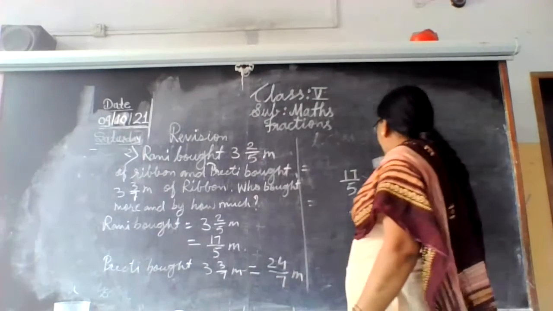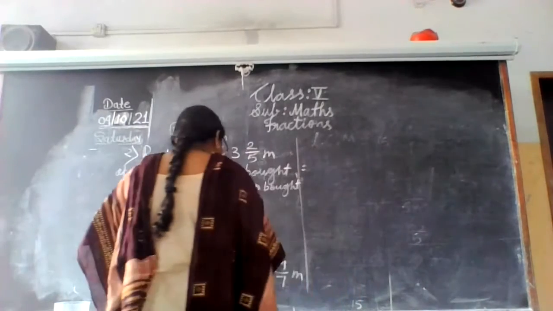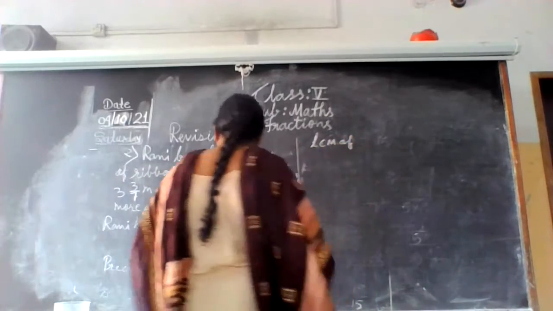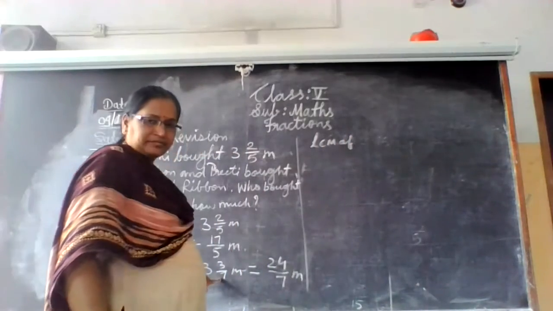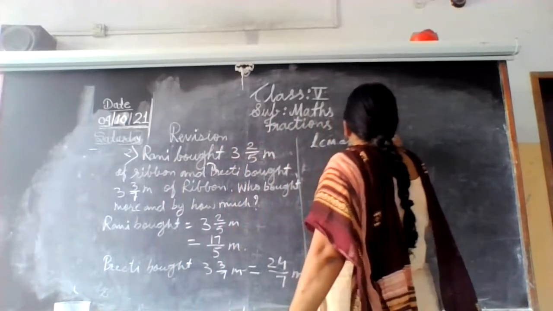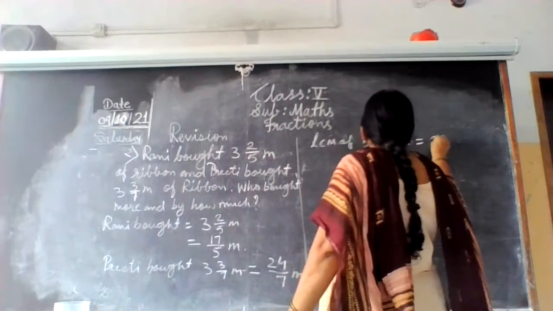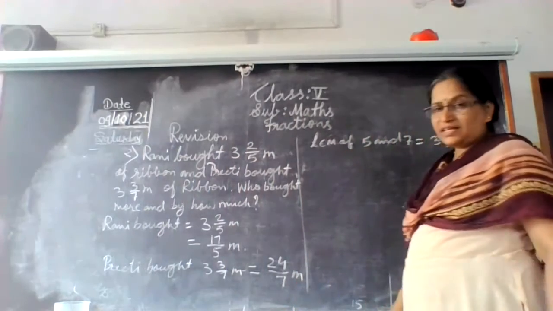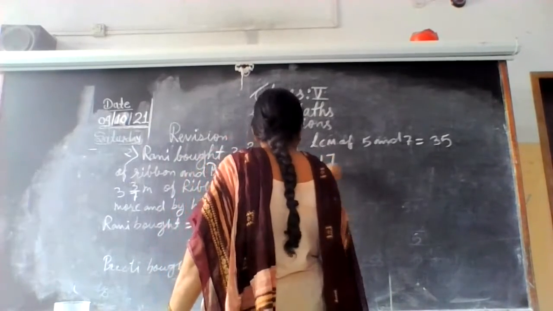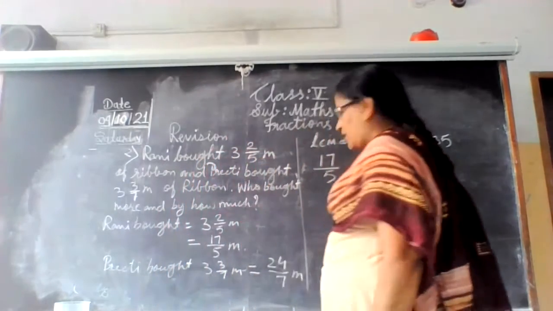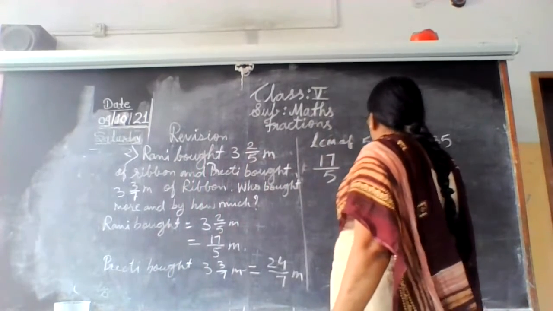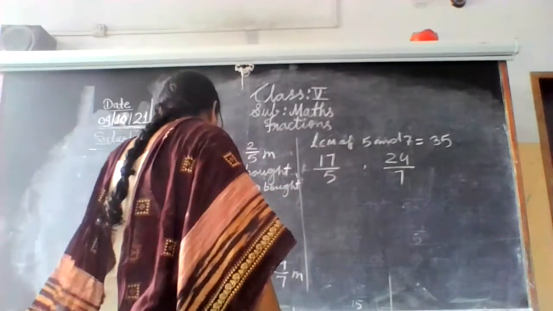Why? Because we have to subtract these fractions to find by how much. Okay. So we will find the lowest common multiple of this 5 and this 7. And it is what? 35. 5 sevens are 35. So let's convert the improper fractions. 17 upon 5, so here I am putting a comma, and 24 upon 7.